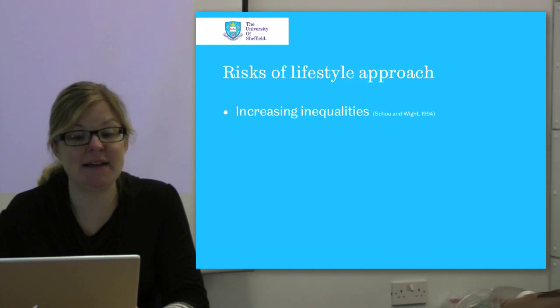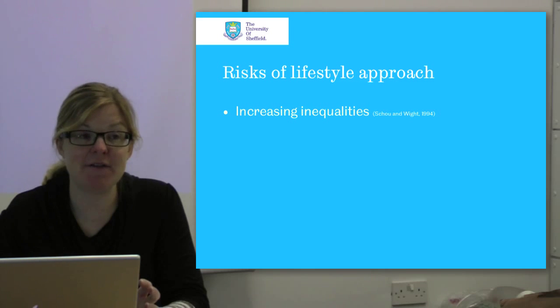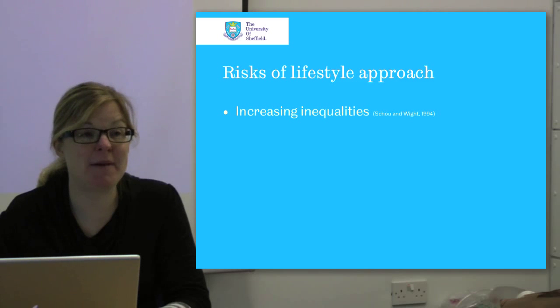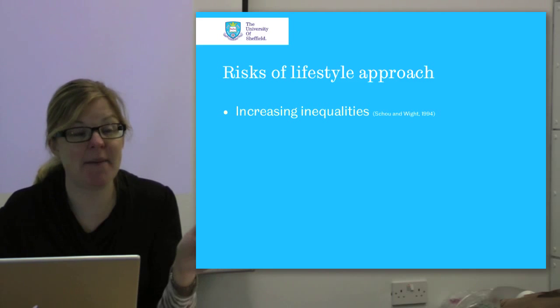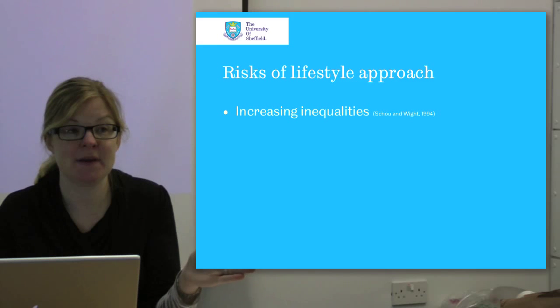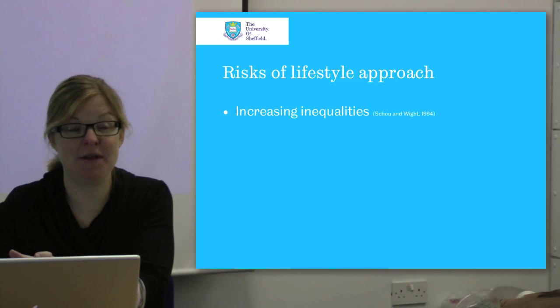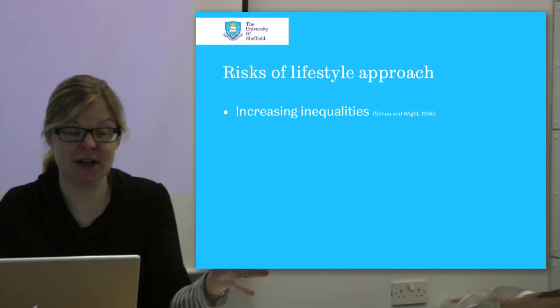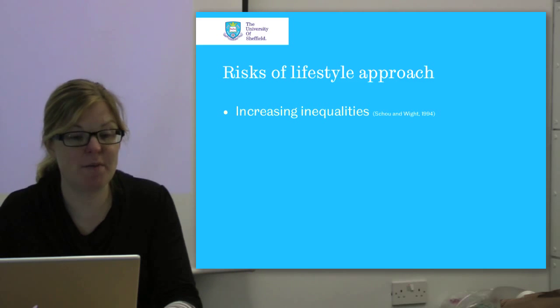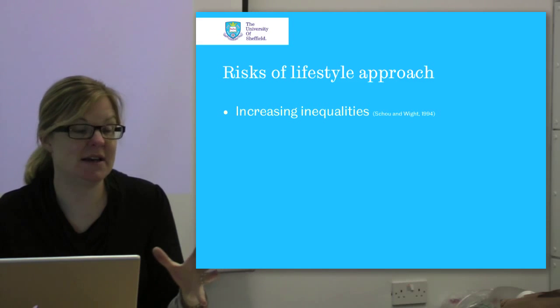So what you end up getting is that the people who really need to benefit from it don't change their lifestyles. The people that already have probably pretty good lifestyles do change a bit more, so the gap between the unhealthy ones and the healthy ones just grows, which is good for the healthy ones, but as a population that isn't great. It makes the contrast more stark.